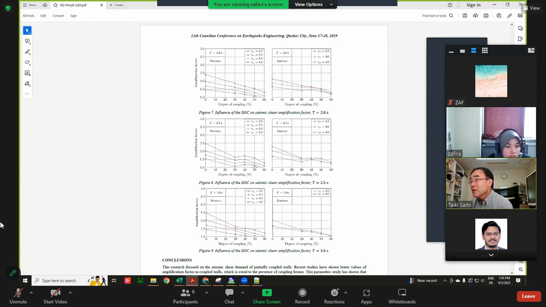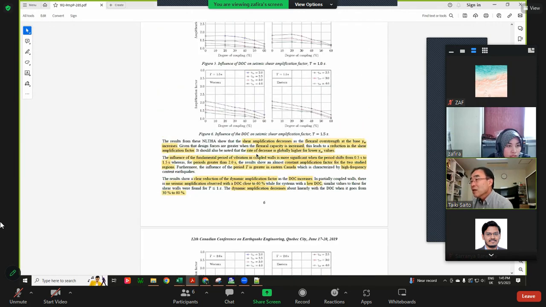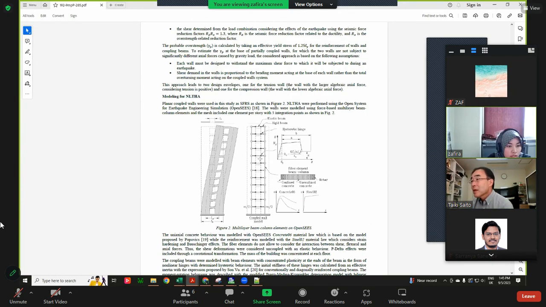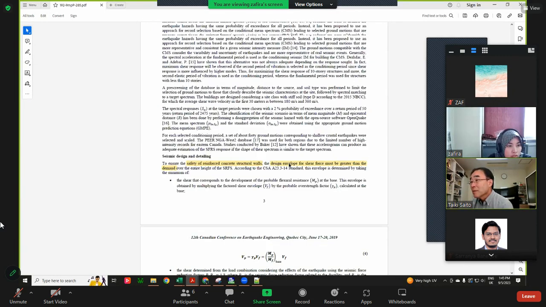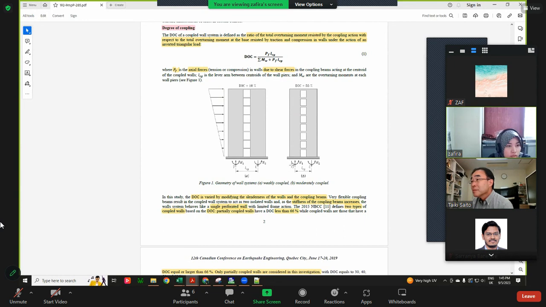Could you show me the definition of degree of coupling? The degree of coupling here is this equation. So if you want to reduce the degree of coupling, what can you do? This part is the same. Yes. If we want to reduce the degree of coupling, we have to reduce the capacity of the beam.